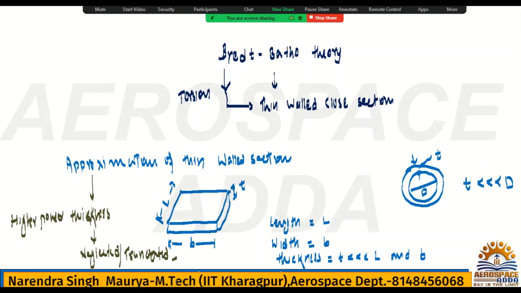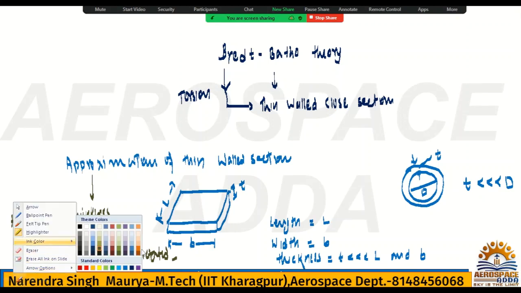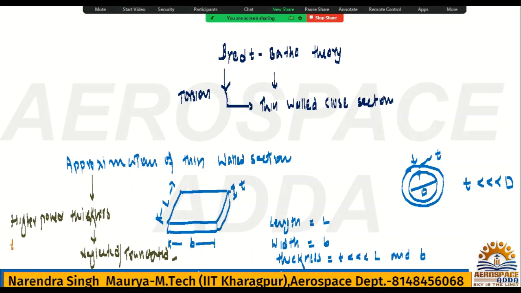What is the meaning of it? Higher order in the sense, it is T square, so make it equal to 0. It is T cube, make it equal to 0. Similarly any higher order, T to the power 4, make it equal to 0. T to the power 5, make it equal to 0.